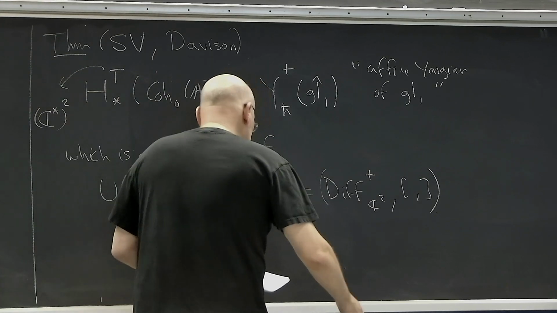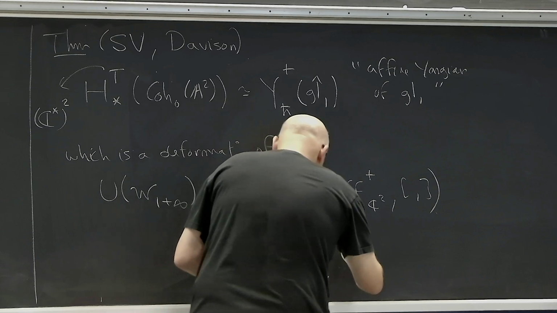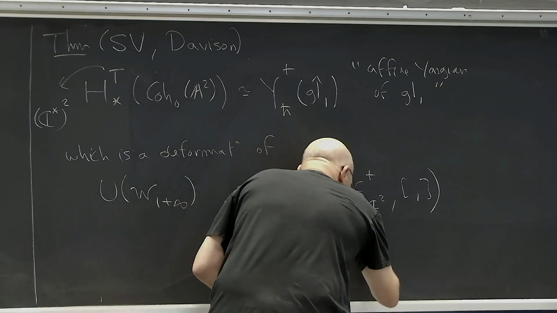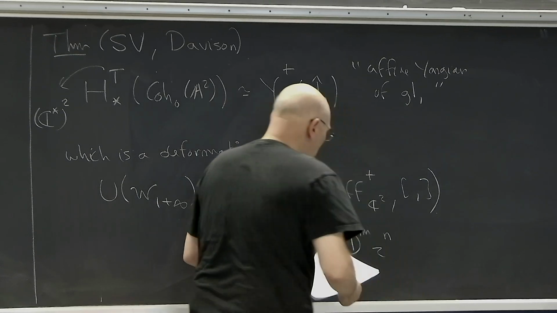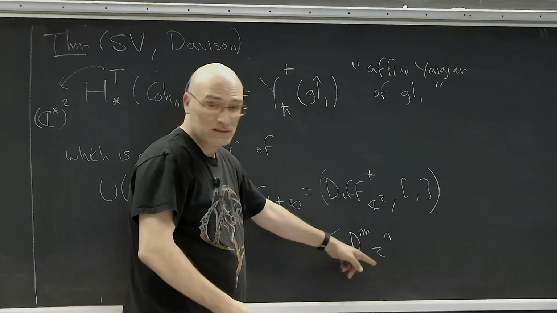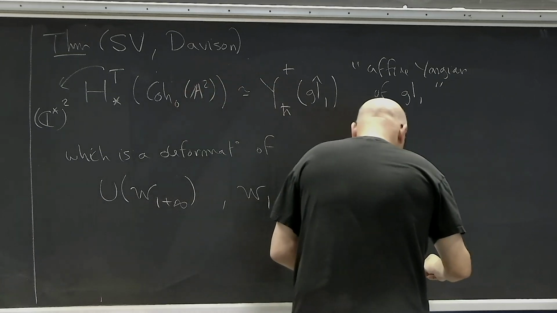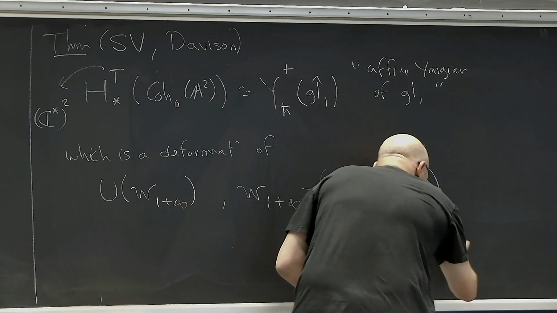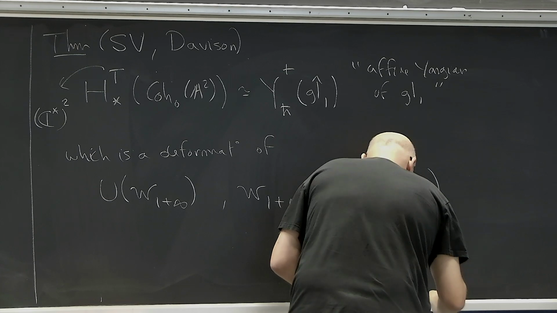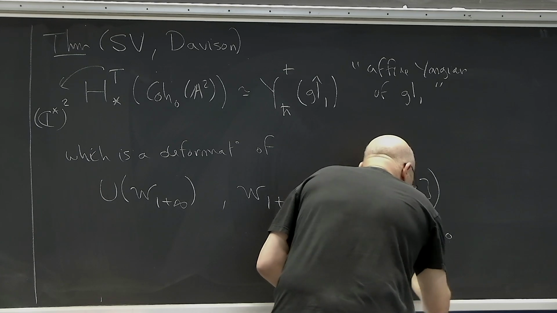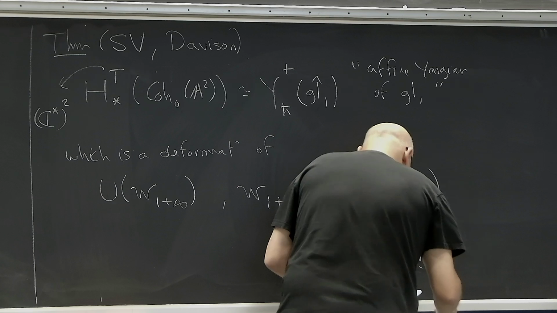So what is it? It's just spanned by, let me use this notation, D^m z^n. D is for d over dz, if you want, such that m is bigger or equal to 0. I require that n is strictly bigger than 0.